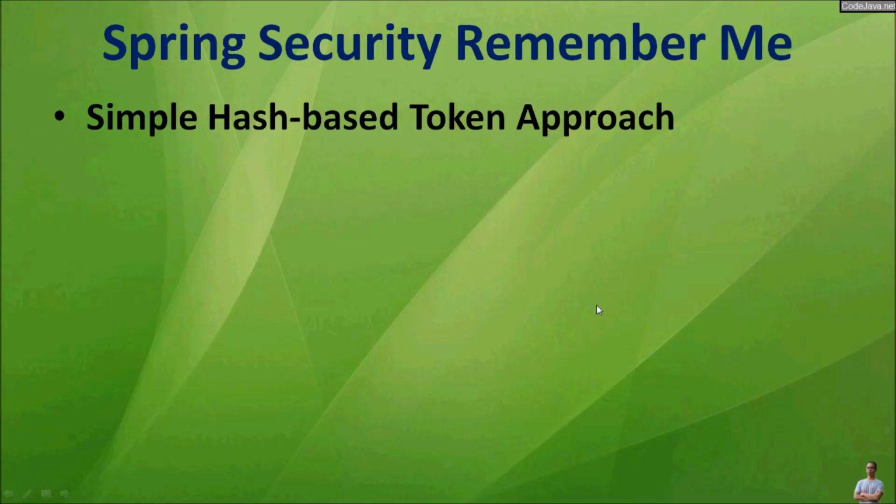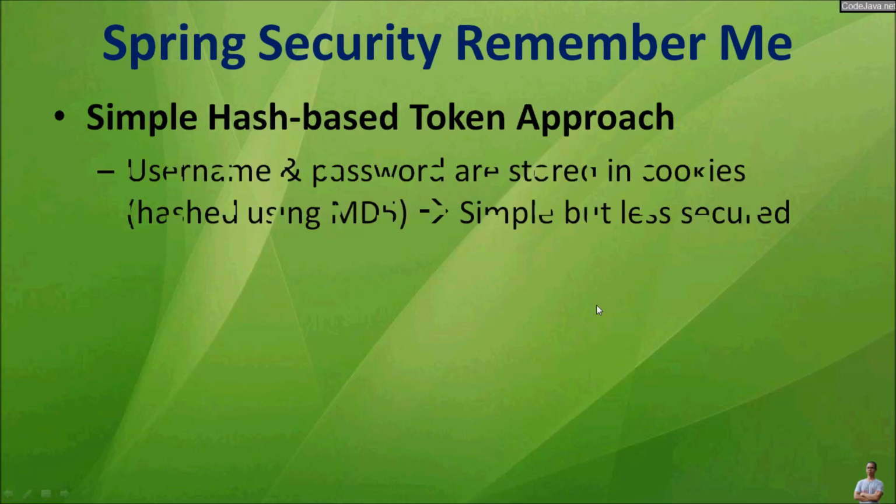Now I will guide you how to implement the Remember Me feature with the first approach using a simple hash-based token. In this approach, the username and password are stored in cookies in the browser, and they are hashed using MD5. So it is simple to implement but less secure.